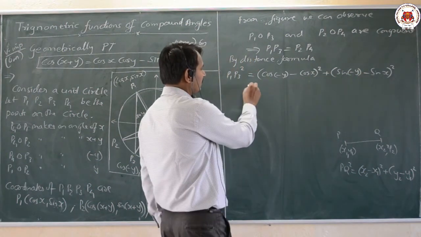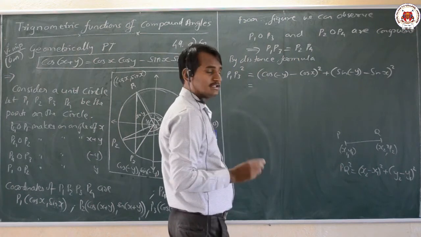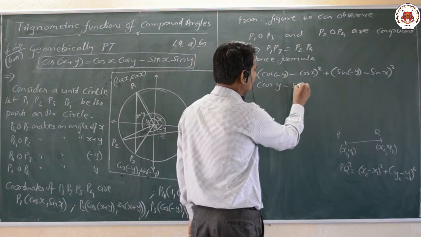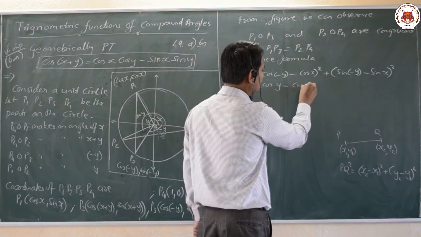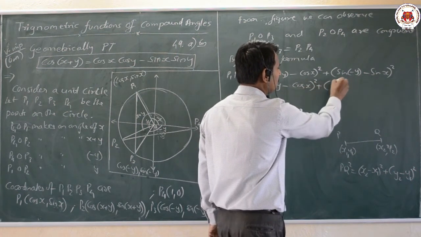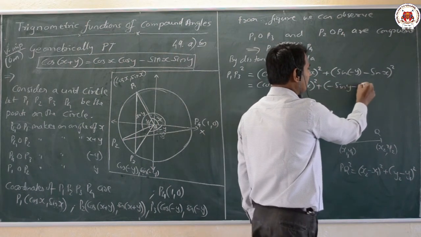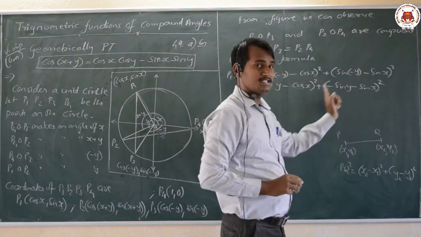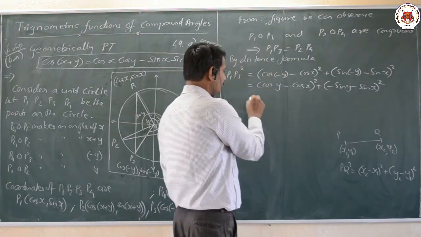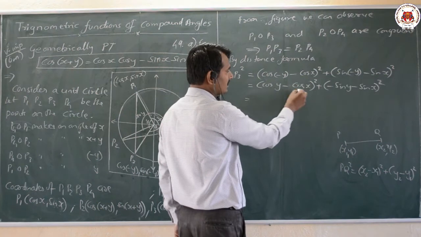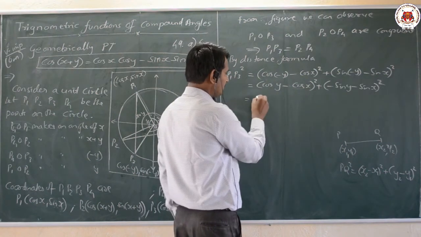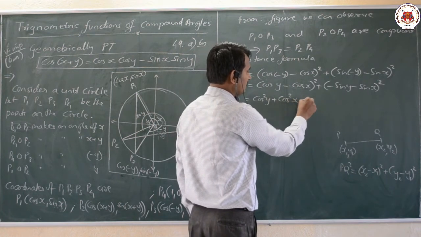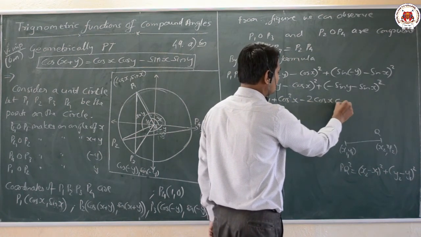Let me simplify. Cos of minus theta is cos theta only. So we get cos y minus cos x whole square, plus minus sin y minus sin x whole square. If I take the minus sign outside and square it, it will be positive. So, cos a minus cos b whole square gives cos square y plus cos square x minus 2 cos x cos y.